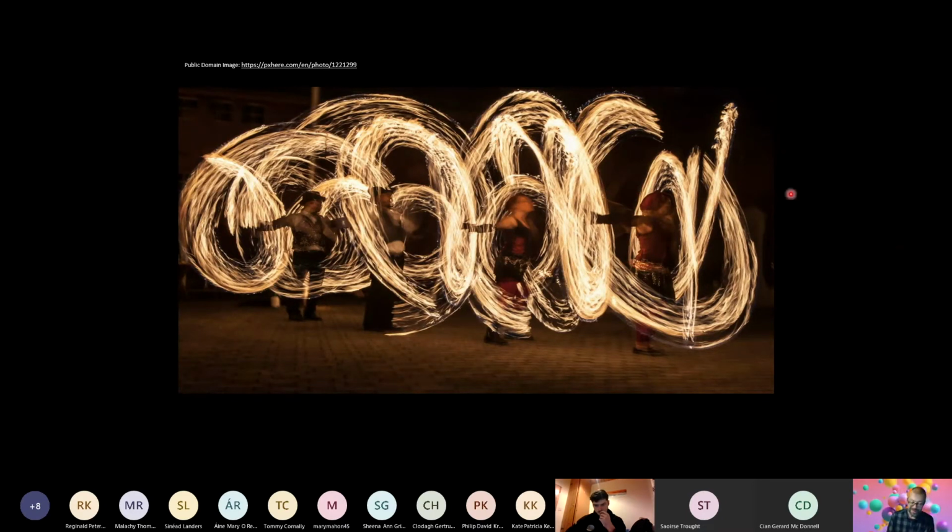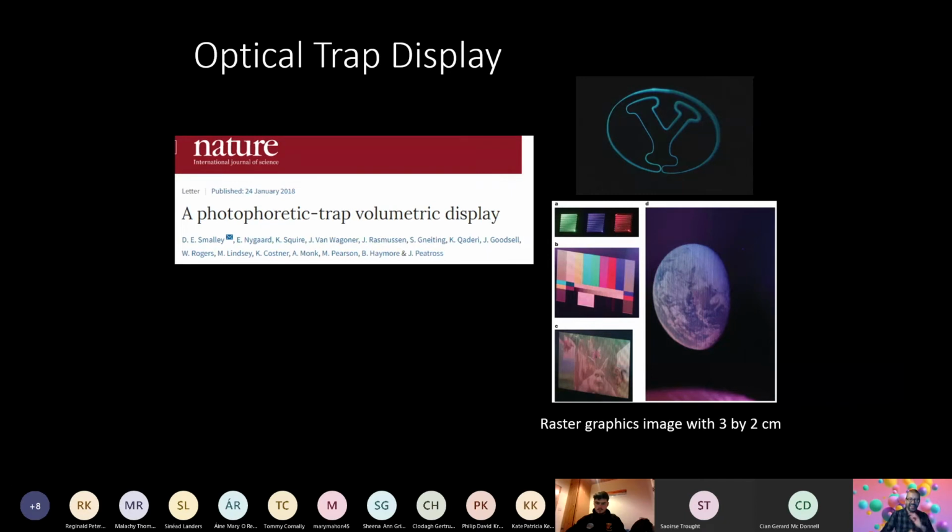We were thinking about this some years ago, and had a PhD student working on this kind of topic, and then out of the blue came this paper, which was an optical version of this, what they call a photophoretic trap volumetric display. Phoretic is just a kind of fancy word for force.